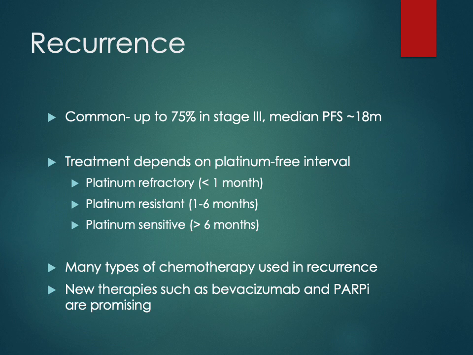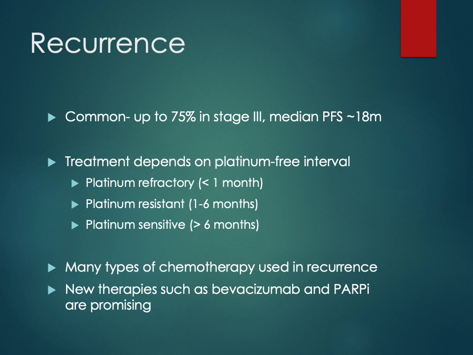For women who are platinum sensitive, so at least 6 months of disease-free interval, and the longer that interval is, the better, they can be re-challenged with platinum and often can see better control and sometimes even cure of the disease.